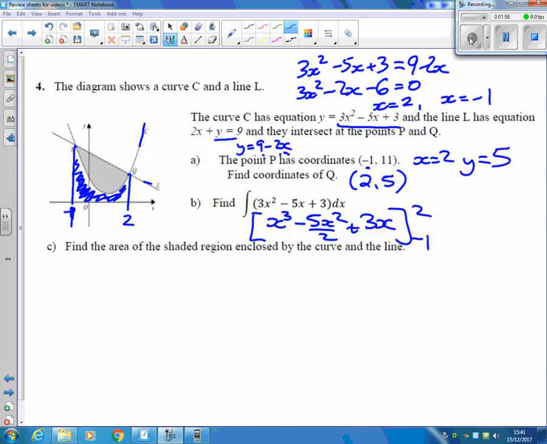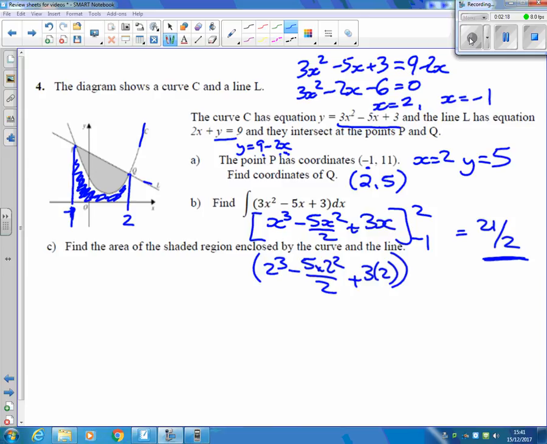If I work all of that out, I could just tap all that in, actually. That's going to give me 10.5, it works out to be 21 over 2. Ways of doing that, I mean, look, you are just putting the 2 in. So I've got 2 cubed, take away 5 times 2 squared over 2, plus 3 lots of 2. Work out all of that.